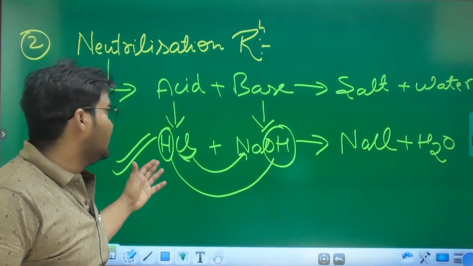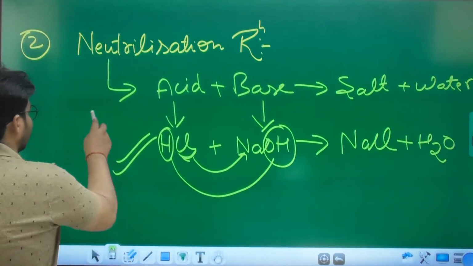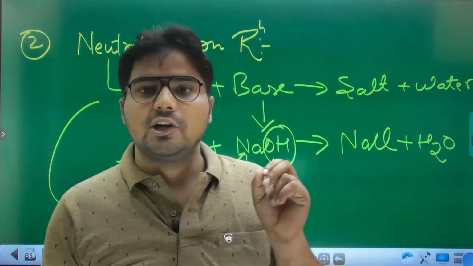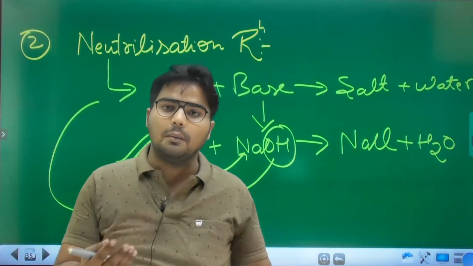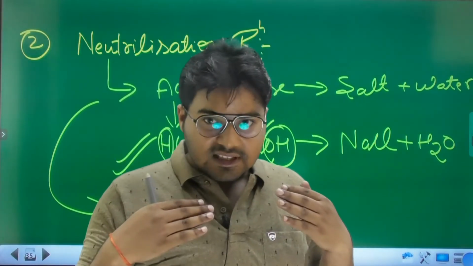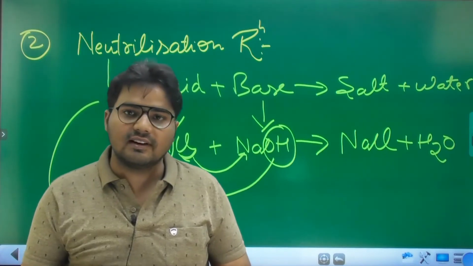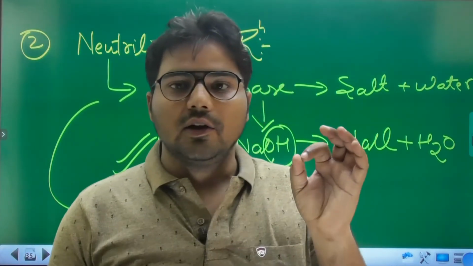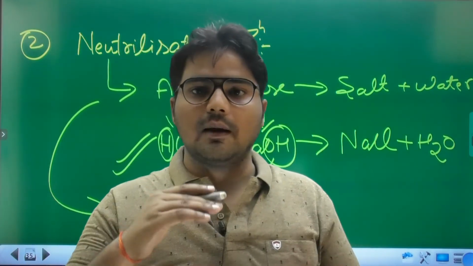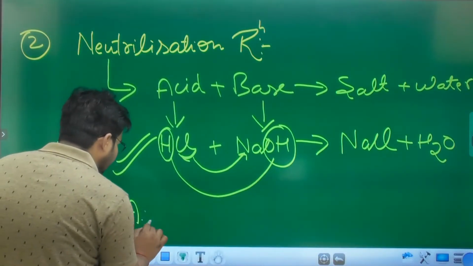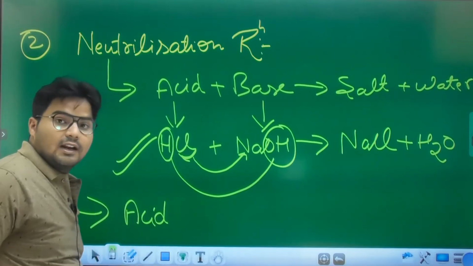So this one is also an example of double displacement reaction. You see that neutralization reaction has a very important application. Suppose we have acidity, clear? When we suffer from acidity, it means the amount of acid in your stomach increases. So how can this be neutralized?